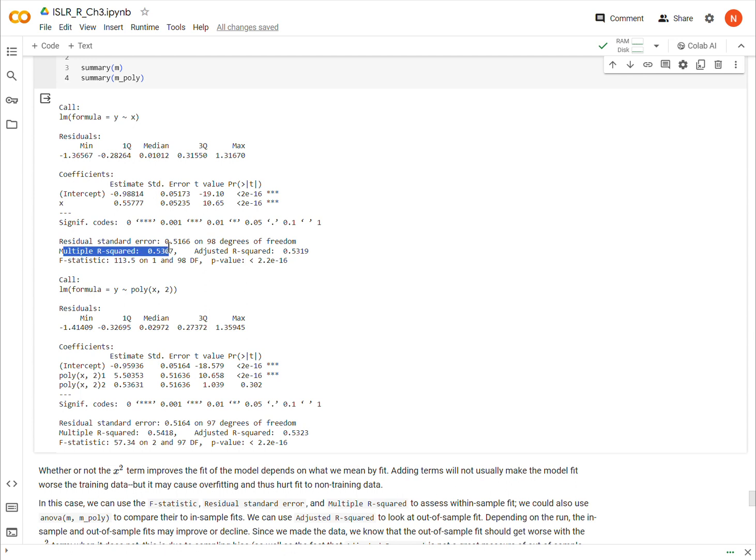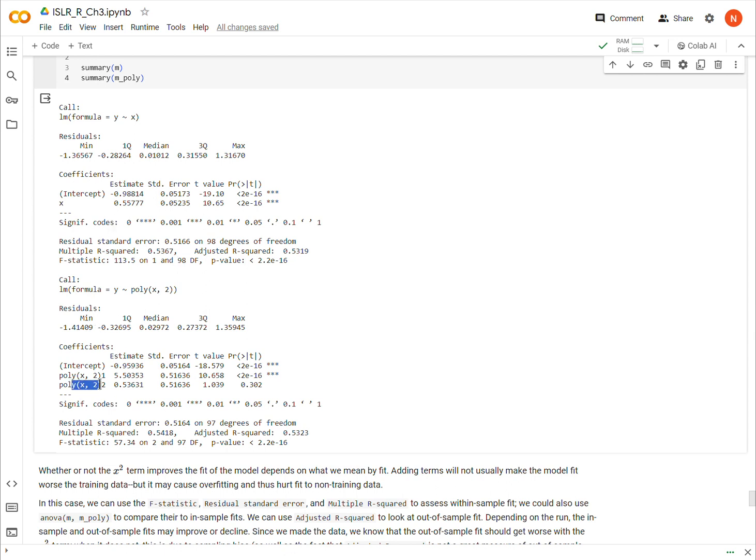We can use r squared or multiple r squared. Okay, and we see in the second one it's a little bit higher, which again we expect if we have more explanatory variables. Okay. And I guess we could also use the F statistic, in which case the first one seems to be performing better than the second one. The F statistic is taking into account the degrees of freedom, right?